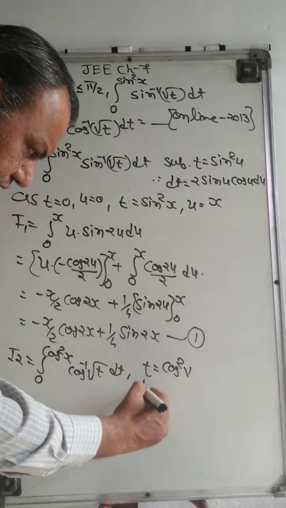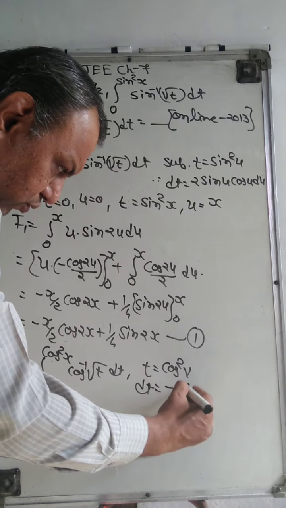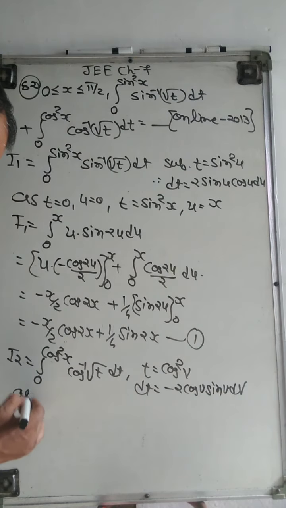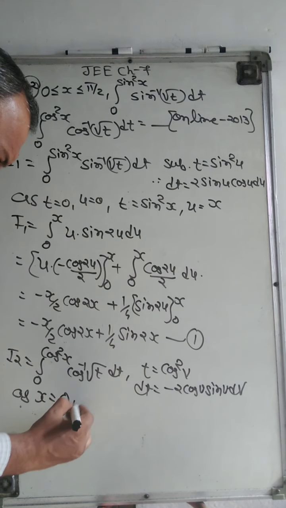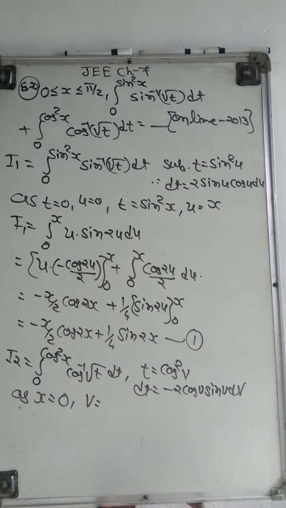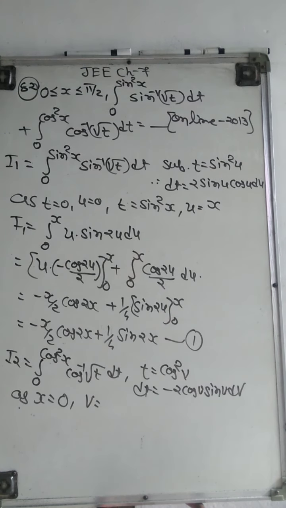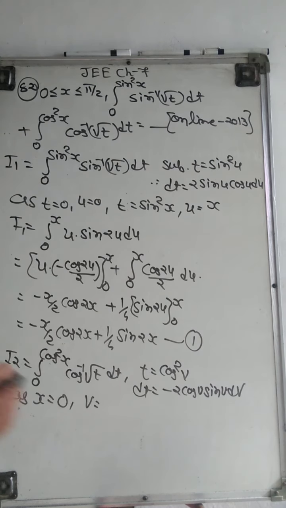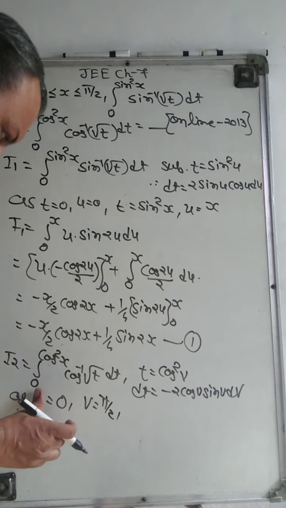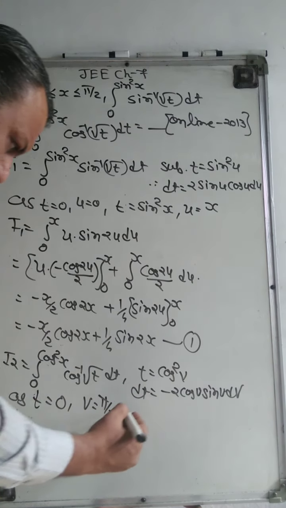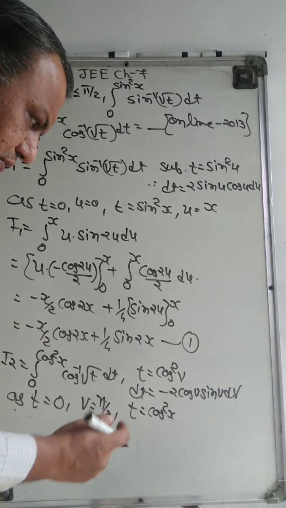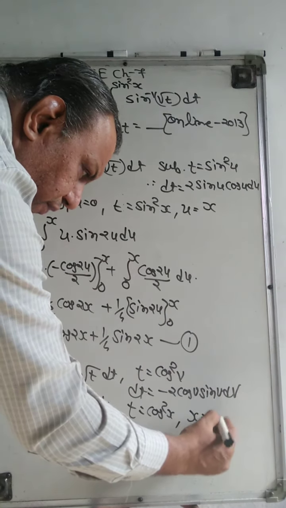Then dt is equal to minus 2 cos v sin v dv, and as t equal to 0, v equal to pi by 2, and t equal to cos square x, then v equal to x, right?